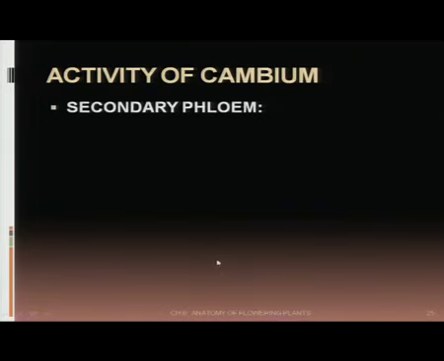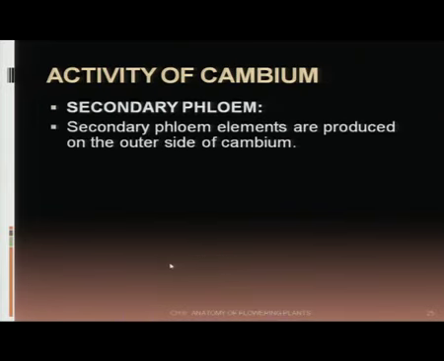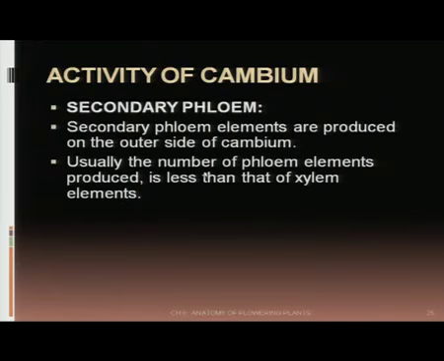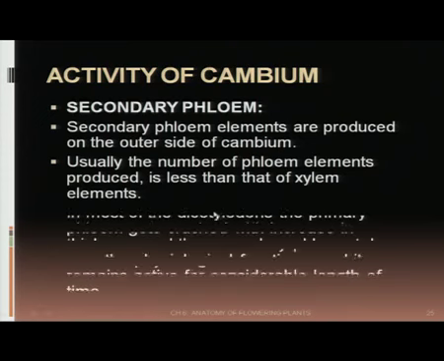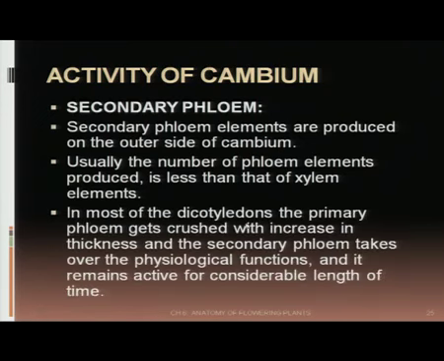What about secondary phloem? Well, secondary phloem elements are produced on the outer side of the cambium, as we just saw. Usually, the number of phloem elements produced is less than that of the xylem elements. In most of the dicots, the primary phloem gets crushed with increase in thickness, and secondary phloem takes over the physiological functions and remains active for a considerable length of time.